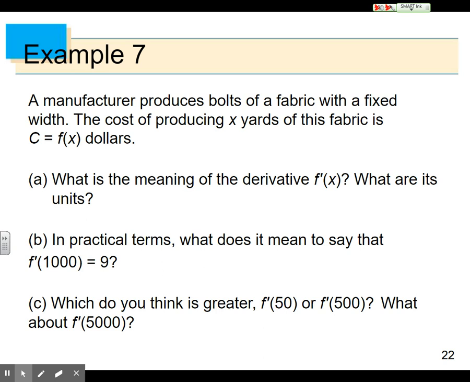So if I get rid of that y and I call it cost, and I get rid of that x and I call it bolts of fabric or yards produced, then what the f prime of x means is the rate of change of production cost, I guess it wouldn't be costs, it would just be singular, with respect to the number of yards produced.